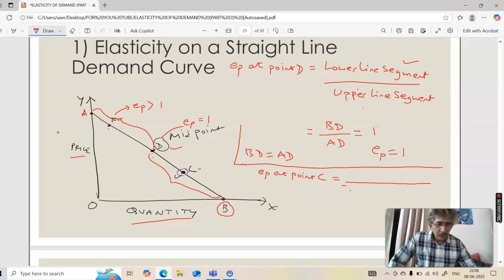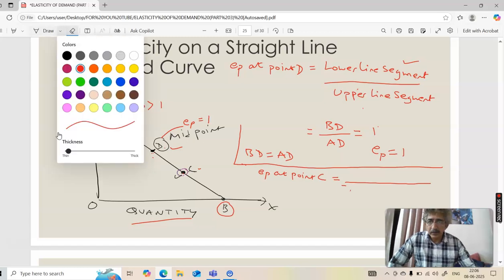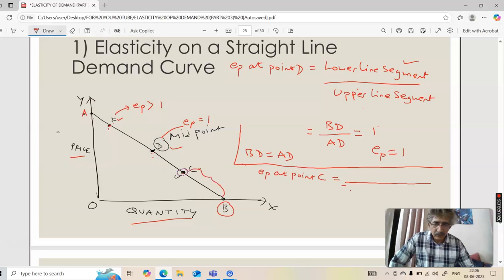Children, what is the lower line segment? Let me erase the previous one. The lower line segment is from C to B, or BC.